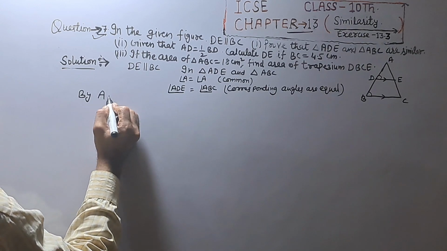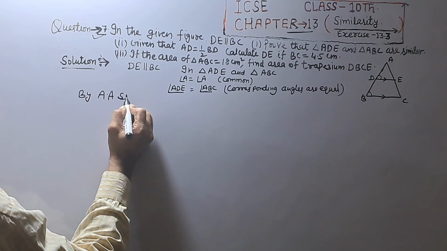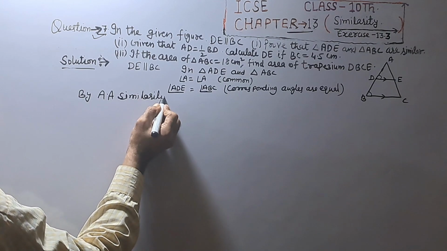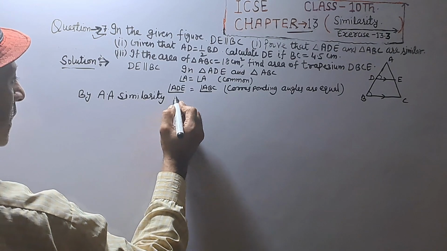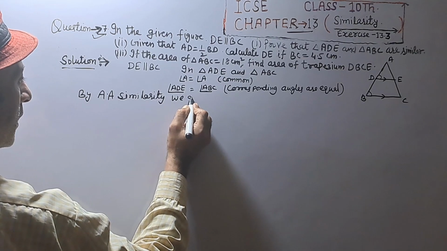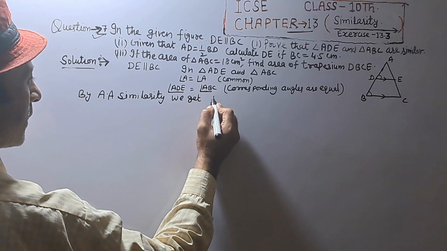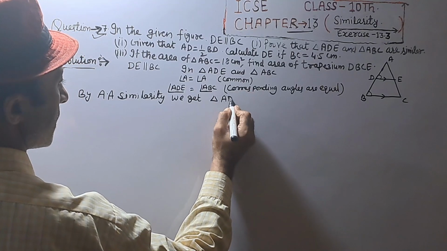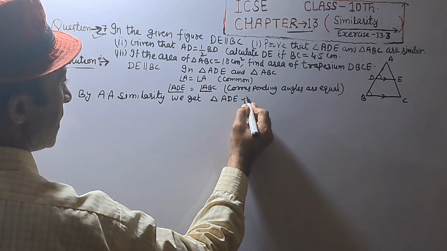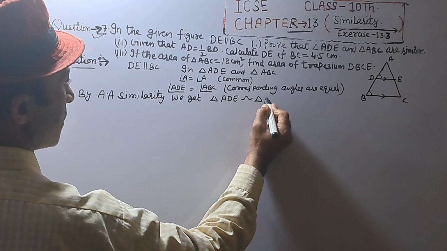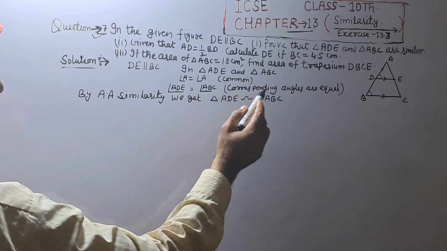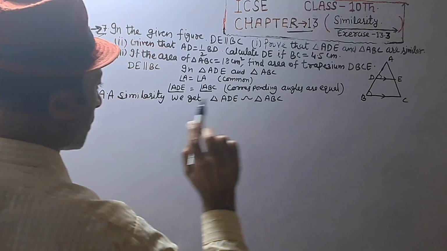By angle similarity, we get triangle ADE is similar to triangle ABC. First part proved.